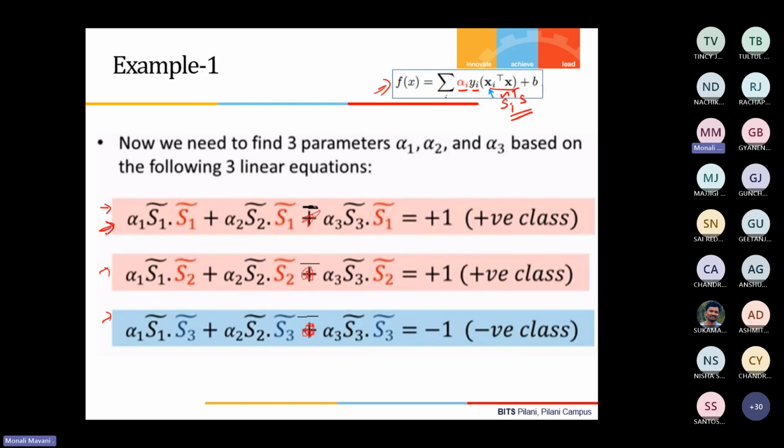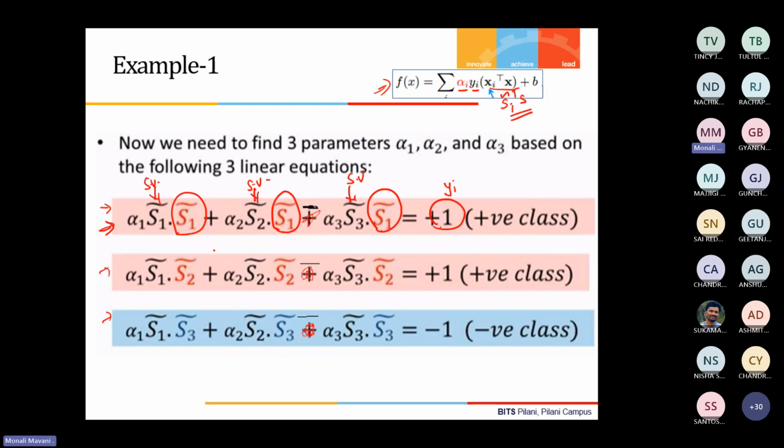This is for the first support vector when it is used as a test point. You can see S1 is a test point and it's a positive class, so its yi value is 1. These are the support vectors S1, S2, and S3.